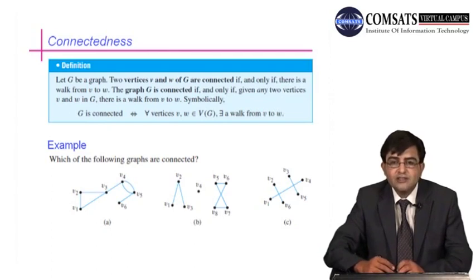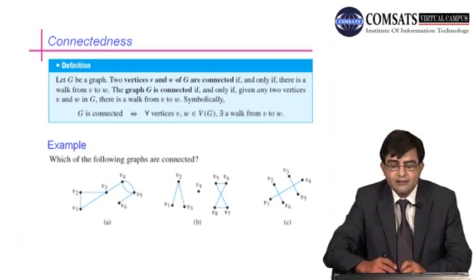Let G be a graph. Two vertices v and w of G are connected. You can take any two vertices in the graph. For example, say v and w are any two vertices of the graph G, and v and w of G are connected if and only if there is a walk from v to w.